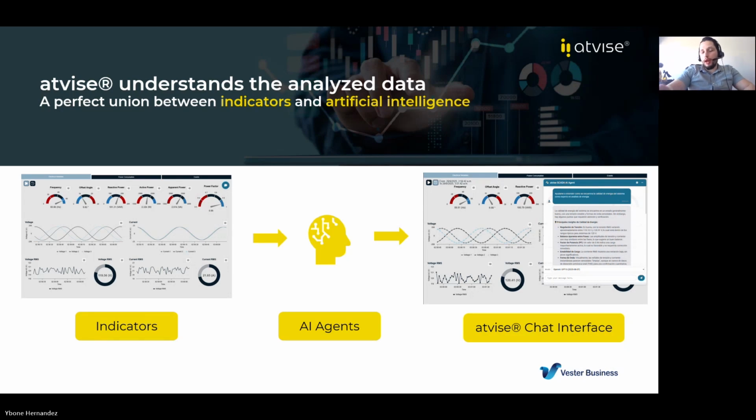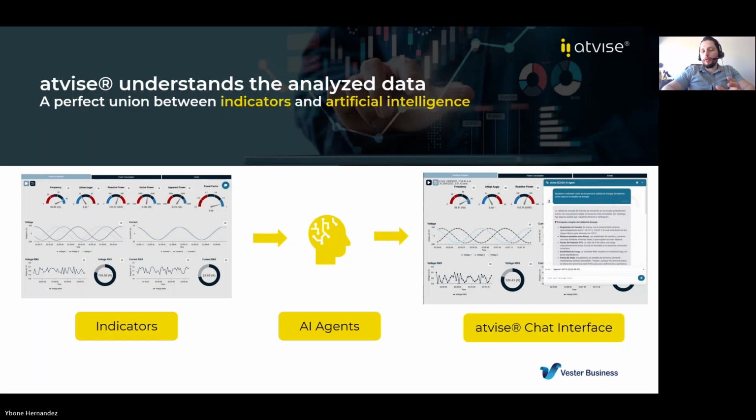And as you can see, we have the chat interface. This is one of the dashboards that you will see later, the energy analytic dashboard. And we also have the chat. The chat has direct interaction with the information, and you could ask and talk directly with the dashboard and with the AI agent analyzing the dashboard.